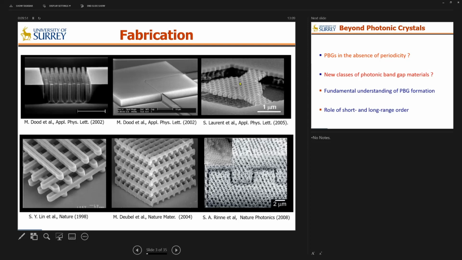And this provides what we call a cavity. I note also the dimensions associated with the structure, which are on a fraction of the micron. The reason for that is because there is a direct correlation between the size, the length scales in the structure, and the wavelength of light that it controls. In this case, we typically talk about controlling light at 1.55 microns, which is of interest in the telecom industry.